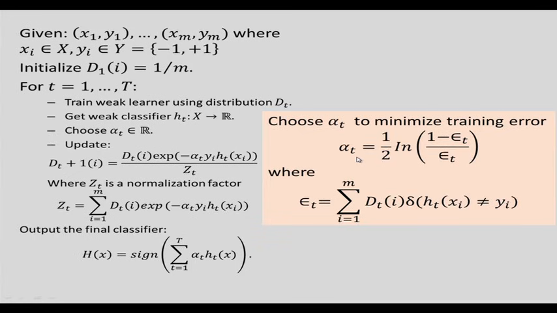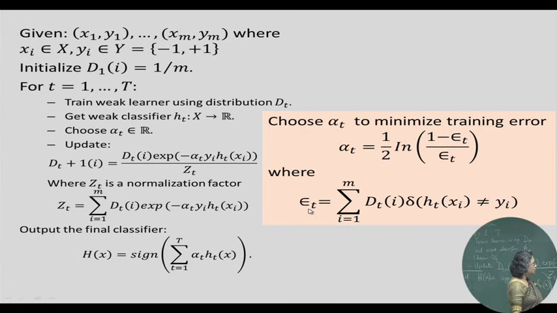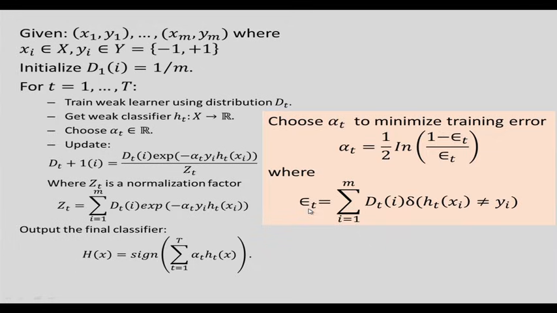Now, let us see how alpha t is computed. First, we need to compute epsilon t, which is the error of the hypothesis ht on the current sample. So, epsilon t is a summation over the training examples. dti is the probability of the ith training example in the sample, right, and delta of ht xi not equal to yi is 1 if i is misclassified, otherwise it is 0.